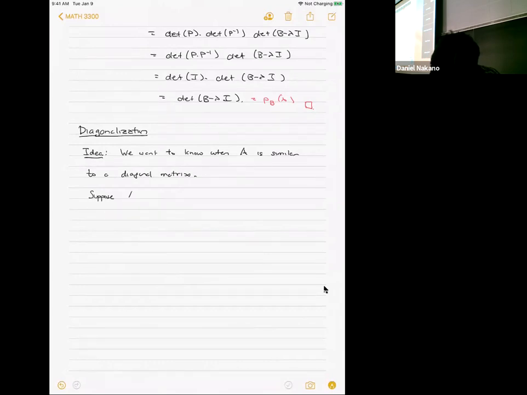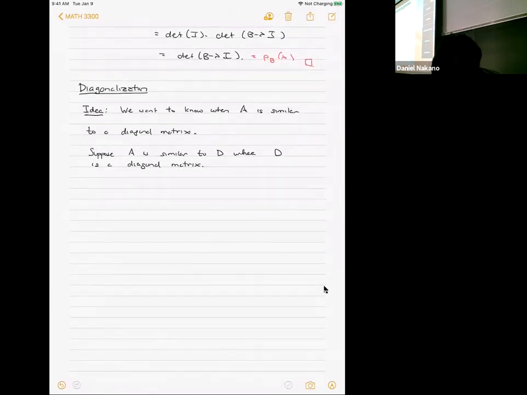Suppose A is similar to D, where D is a diagonal matrix. Okay, so suppose you have A being similar to D. I think you might have done this in your homework.